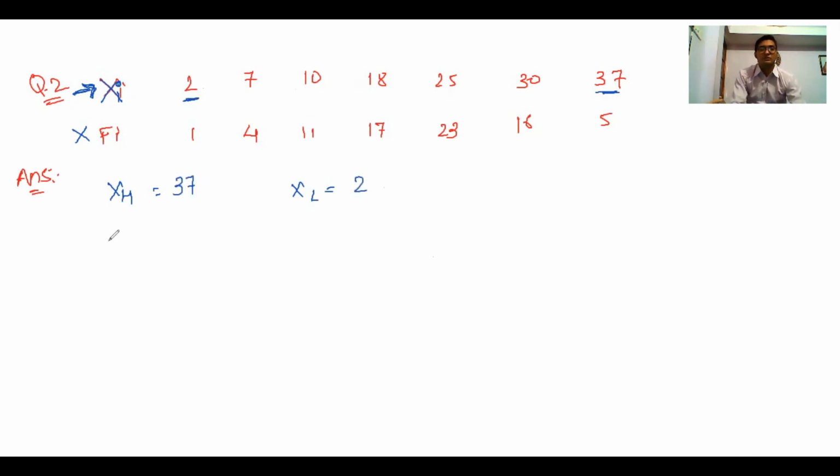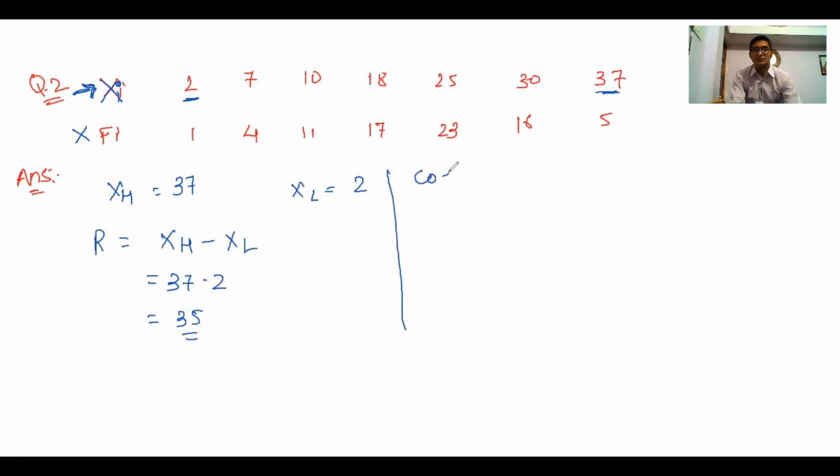So now see, it is very simple. Formula of R, XH minus XL, 37 minus 2, answer is 35. And second point, coefficient of range, that is R divided by XH plus XL.